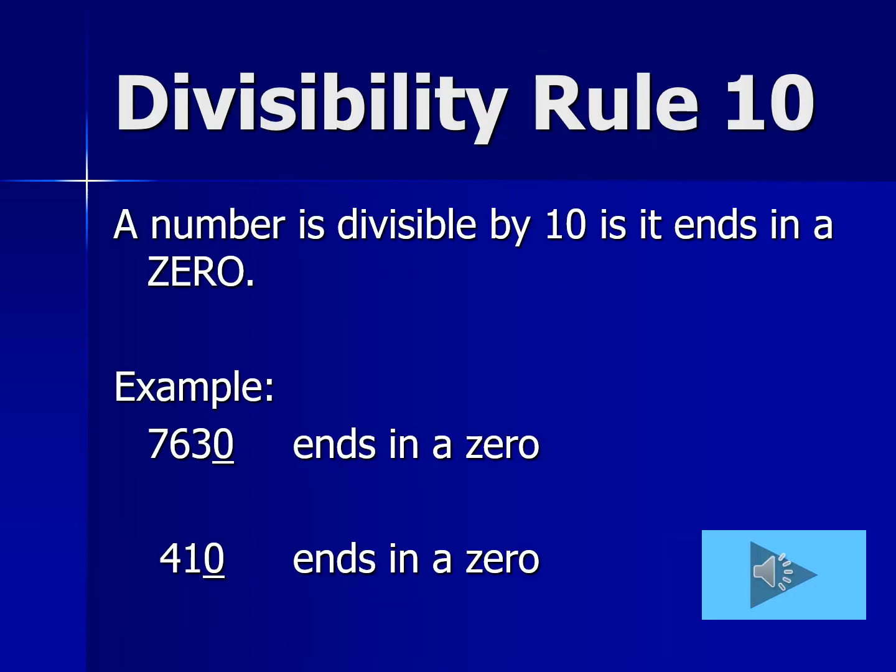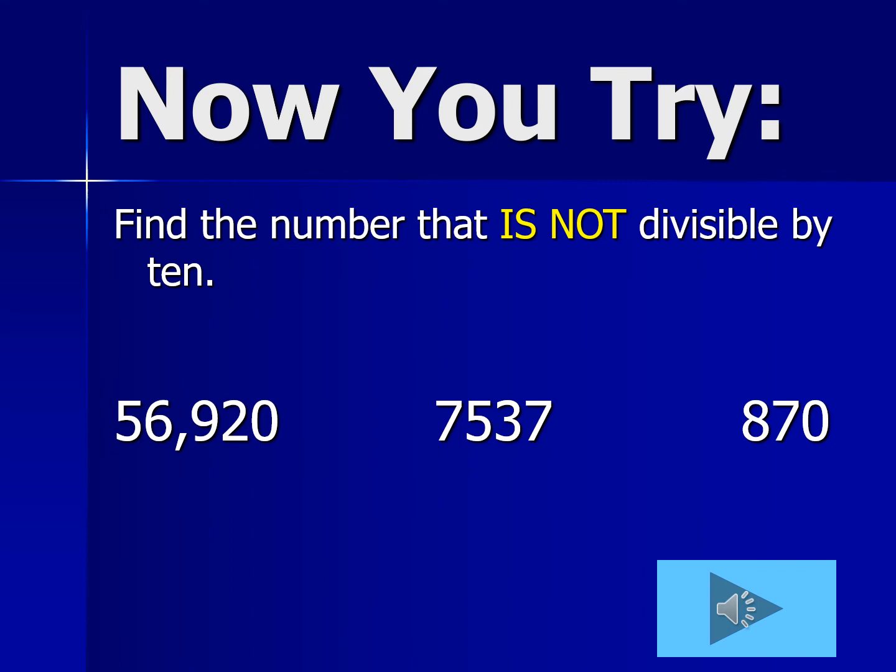Divisibility rule for 10. A number is divisible by 10 if it ends in a 0. So any number which ends in a 0 is divisible by 10. So in the given examples, you see both the numbers are ending with 0, so they are divisible by 10. Let's try with these numbers.